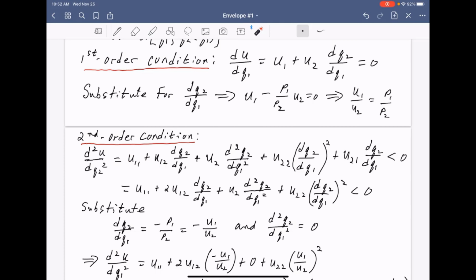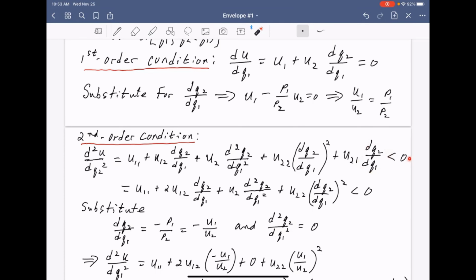Then we get the marginal utility of 1 with respect to 2, and multiply that by the derivative dQ2 over dQ1, plus the marginal utility of 2 times the second derivative of Q2 with respect to Q1, plus the marginal utility of 2 with respect to good 2, multiplied by the slope of the indifference curve squared, plus the marginal utility of 2, taking the derivative with respect to good 1, times the slope of that indifference curve.